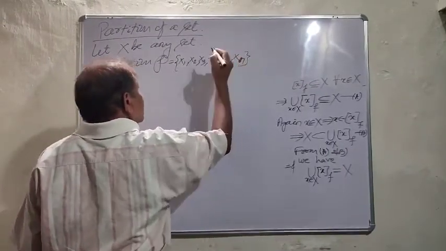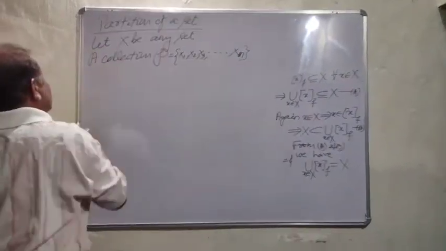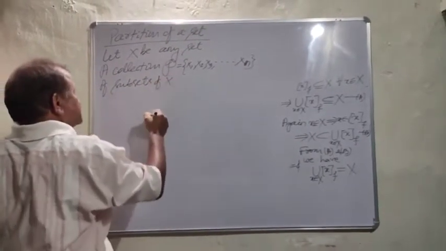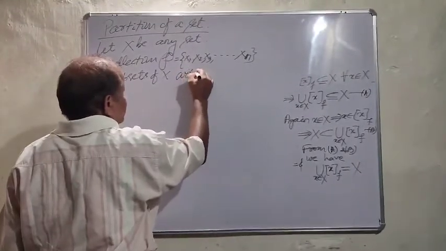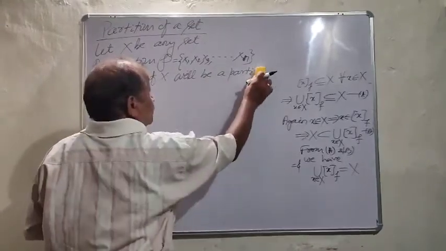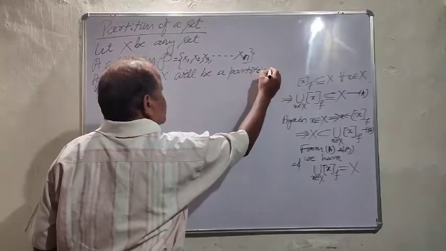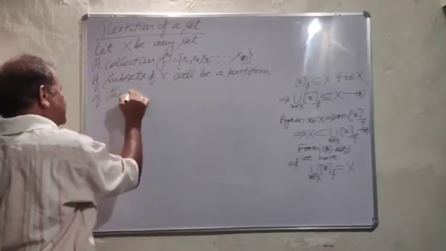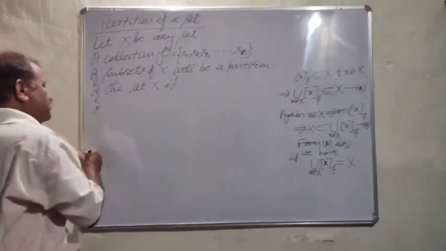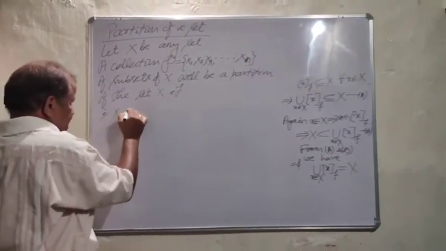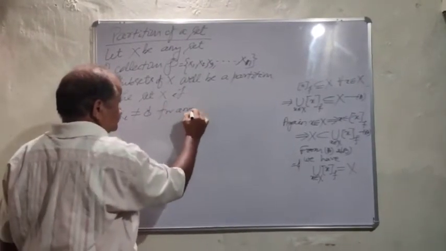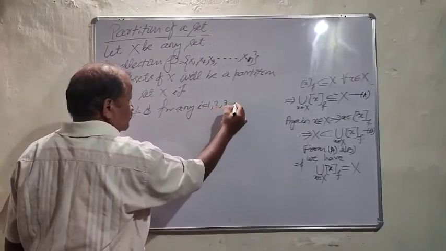That means these subsets of X will be a partition of the set X if number 1, Xi is not null for any i equal to 1, 2, 3 up to n.